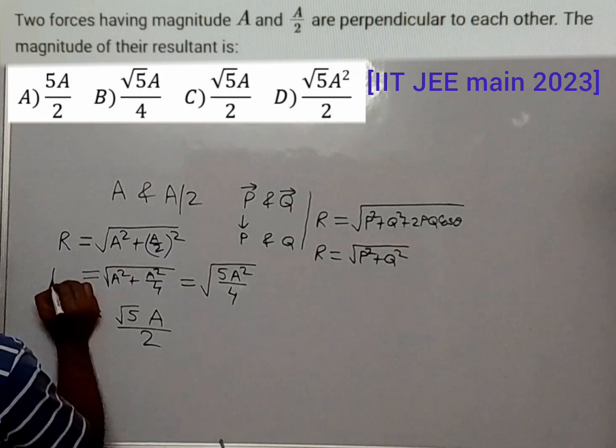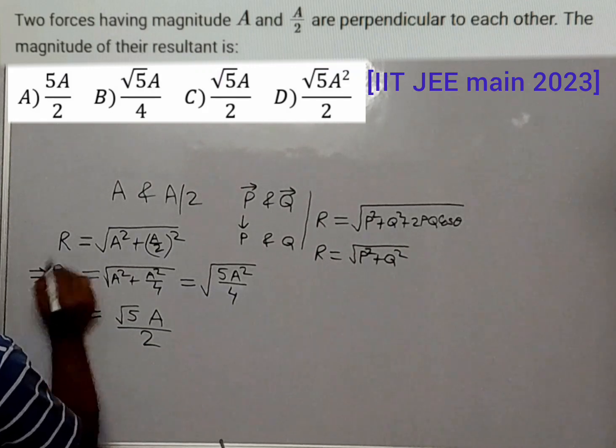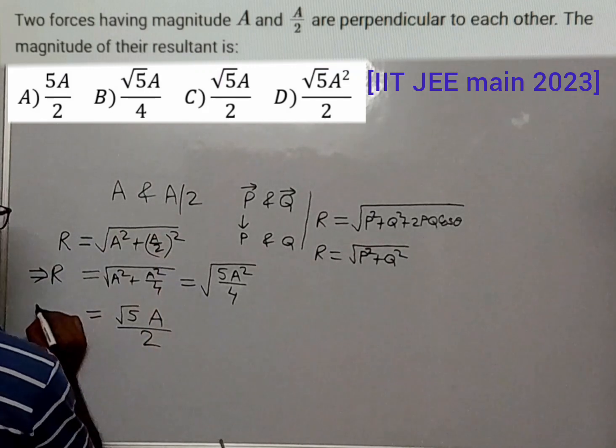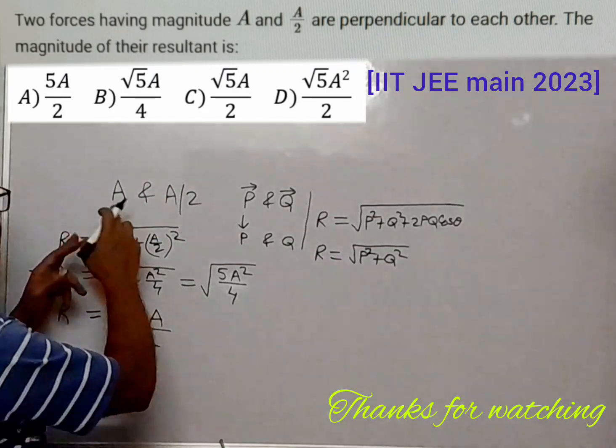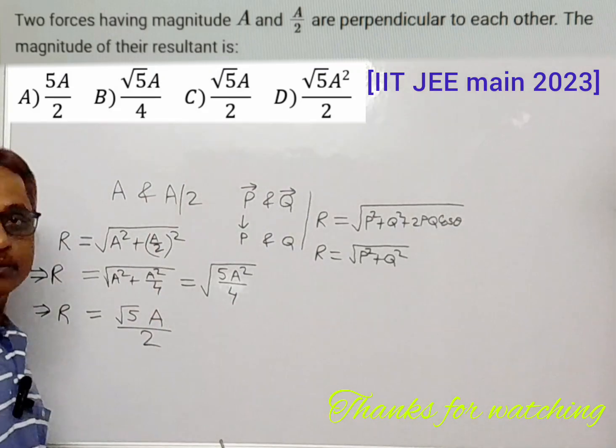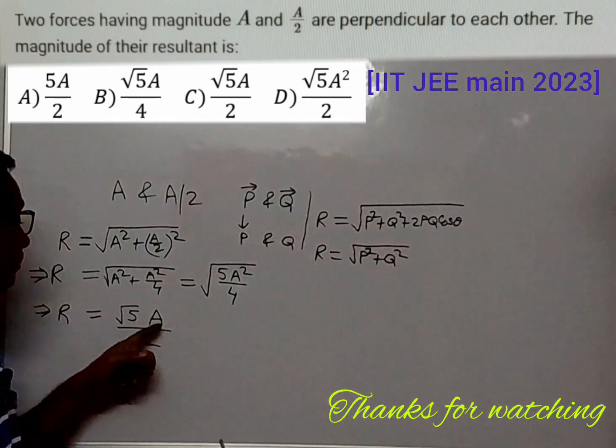So the magnitude of the resultant of the two vectors which are perpendicular to each other, whose magnitudes are A and A by 2, will be equal to square root of 5A upon 2.